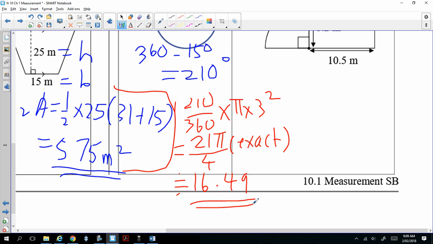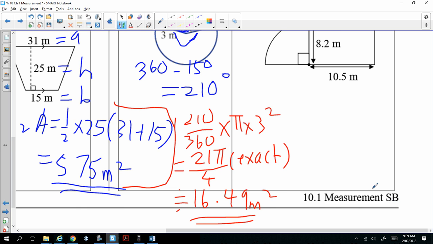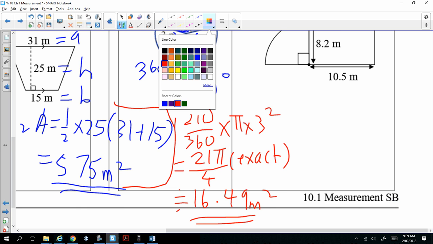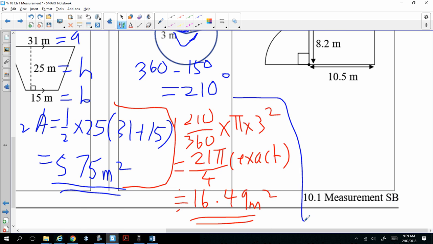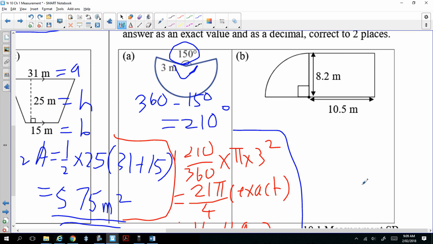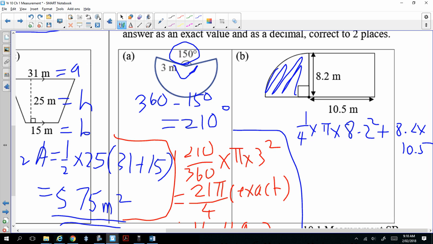Yep. All right, any question? All good? Let's do the next one. Next one is a composite shape, so you have to find the area of the quadrant. So you go 1/4 times pi times the 8.2 squared. That's the quadrant, plus the area of the rectangle, which you have to do on your calculator again. 8.2 squared divided by 4, 16.81.